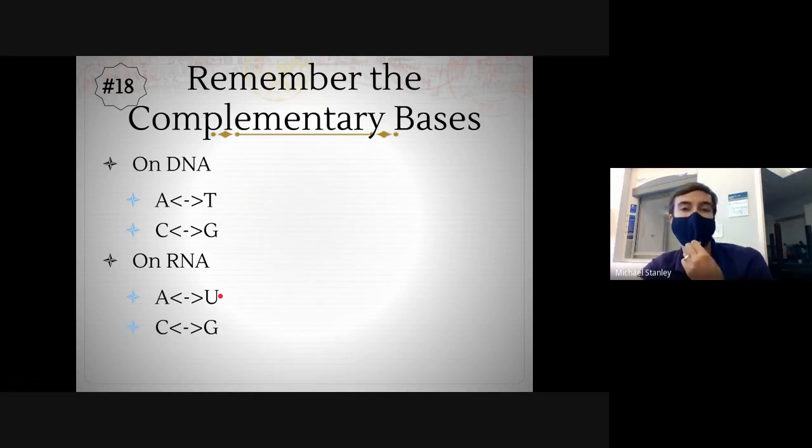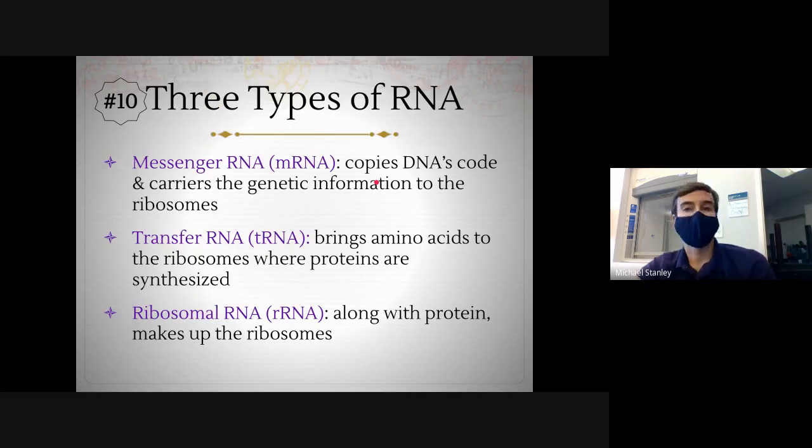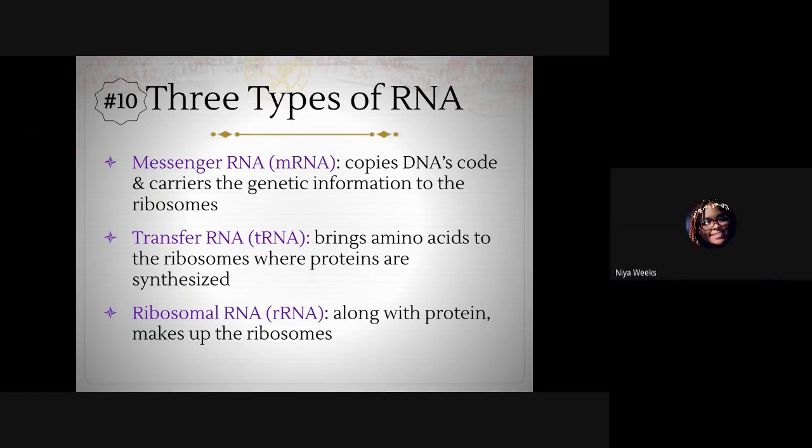So when you're making an RNA molecule, if you're about to put down a T, stop and instead put down a U. All right, any questions about DNA versus RNA before we keep going?